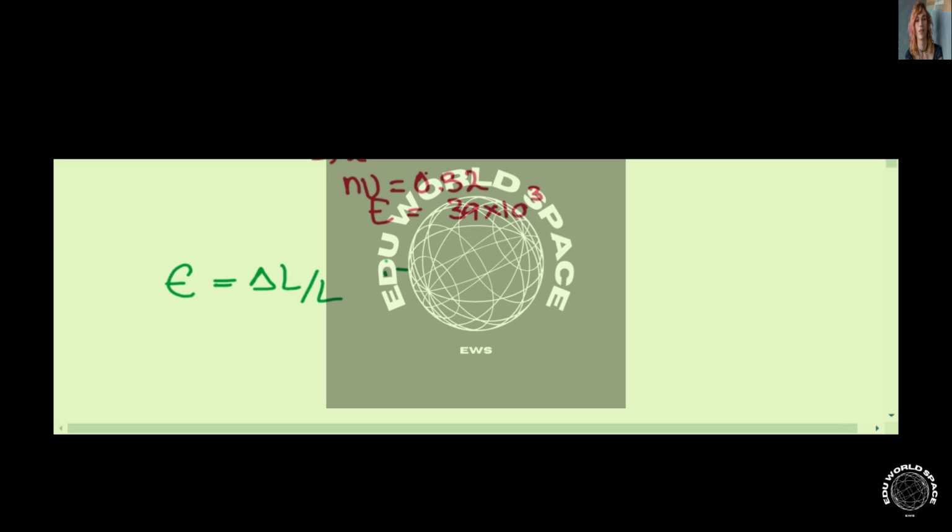So it means that del sub xt is equal to L sub x into the strain caused by the temperature, right? And we have the values for both of these variables, so I'm just going to plug them in.